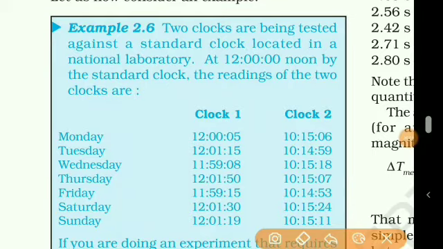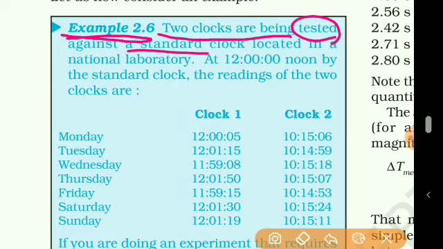Now students, let us see example number 2.6. This is only for your knowledge, meaning this type of thing can be asked in short answers only. Here there are two clocks given which have to be tested against a standard clock which is located in a national laboratory.